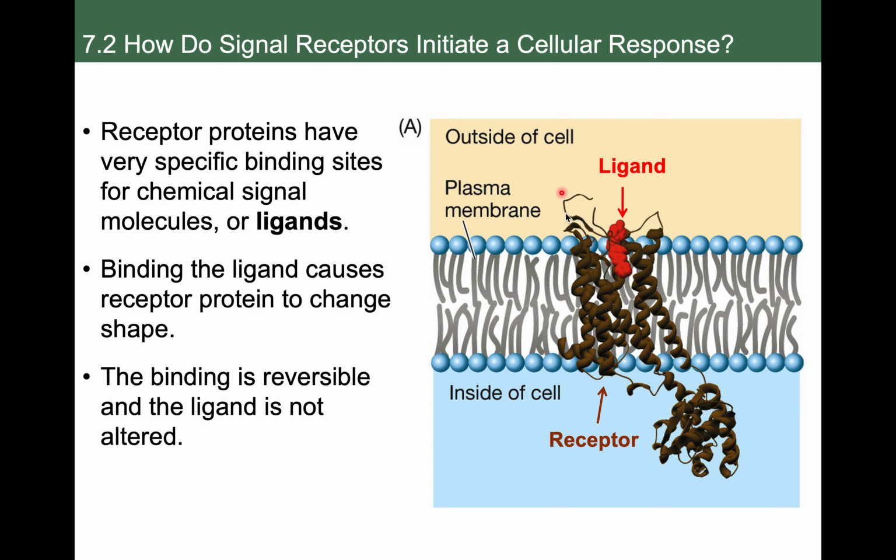The ligand could bind for a short period of time, but then it's going to be released, fall off. The temporary nature of that interaction is really just to ensure that this signal is not constant, right? Usually we want that signal to be perceived, but then we don't want the response to go on forever, right?